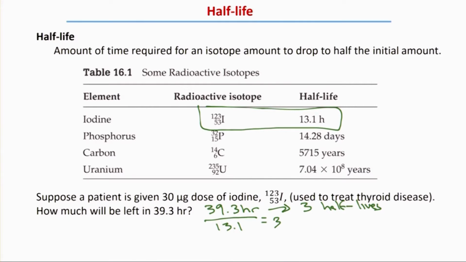If we're starting with 30 micrograms, in 1 half-life, so I'm going to say T 1/2, it would go down from 30 to 15 micrograms. Another half-life would take it from 15 to 7.5.